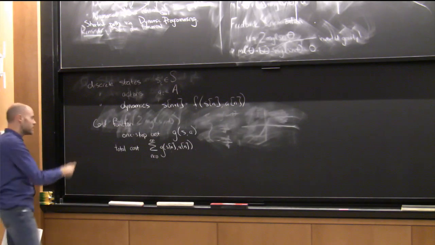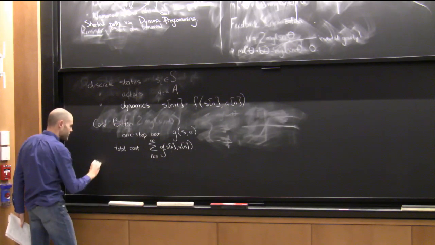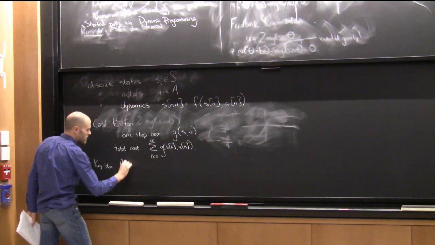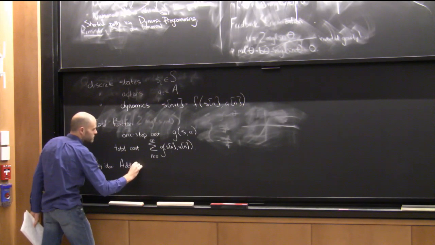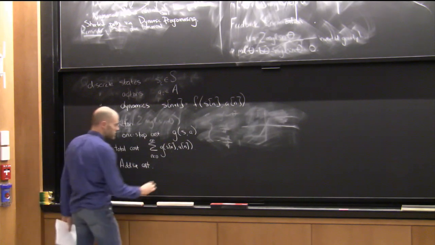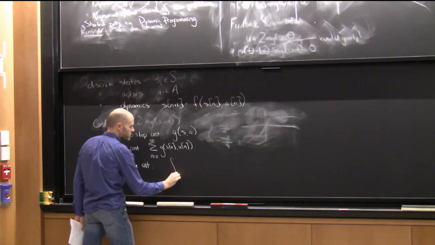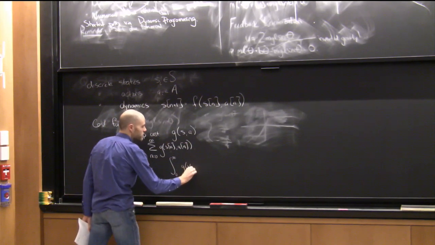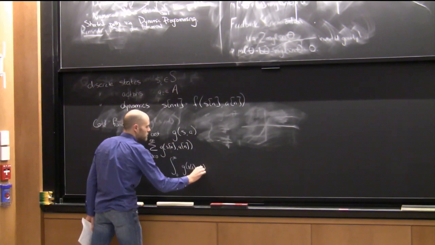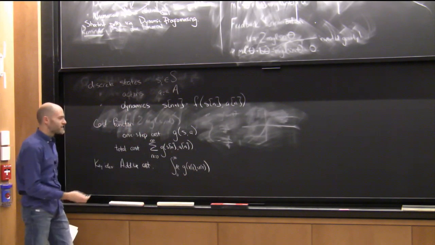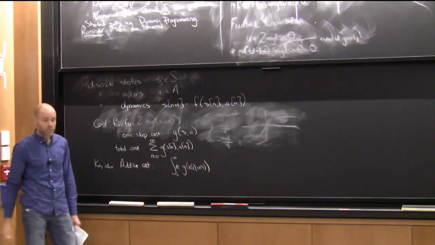All right, so this is a key idea. This additive cost. Even in continuous time, we're going to see it as integrals from 0 to infinity, let's say, of g of x, t, u, t, dt. We're going to see this structure over and over again.